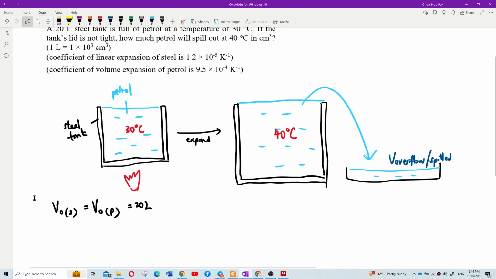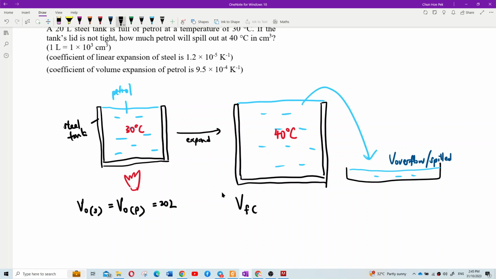Okay or not, class? Because the tank is full with petrol. But once it expands, heated up to 40 degrees Celsius, the final volume is not the same. The final volume of petrol should be more than final volume of the steel tank. Correct or not?